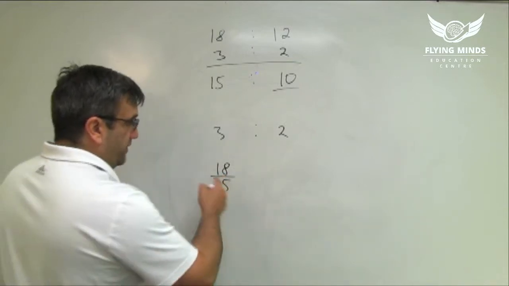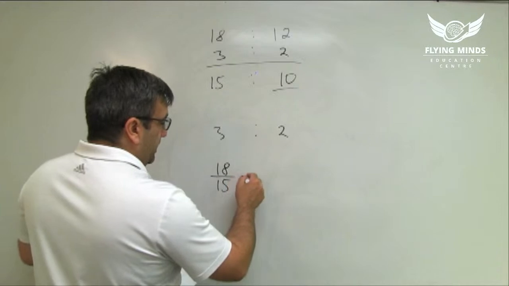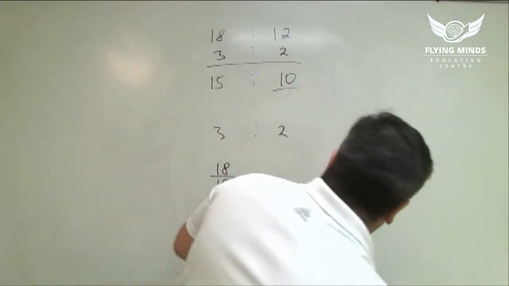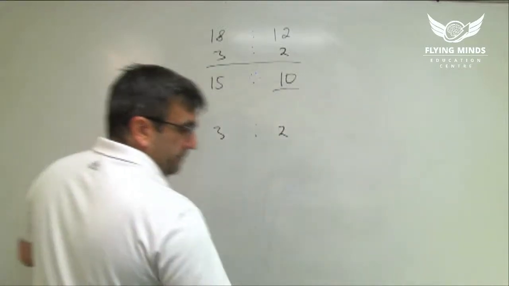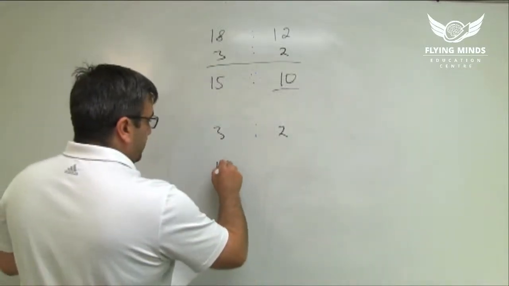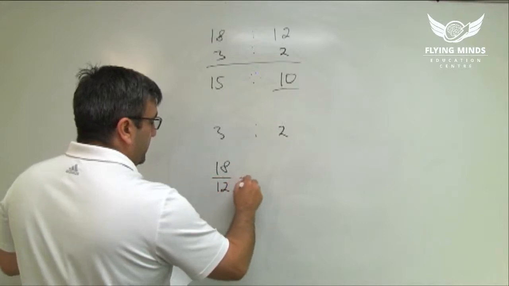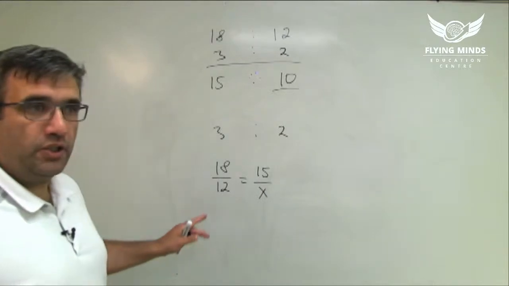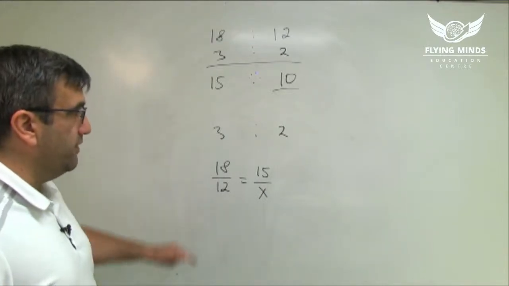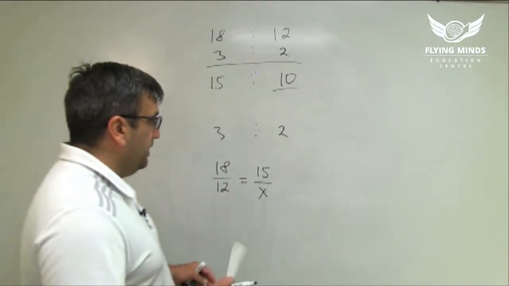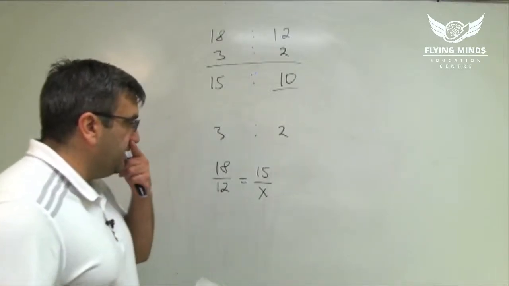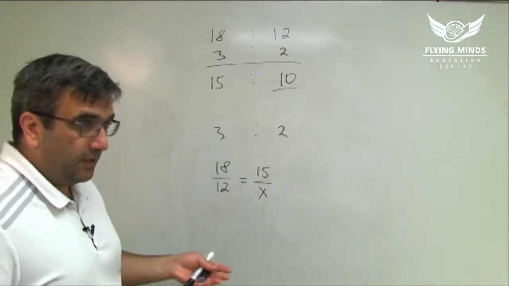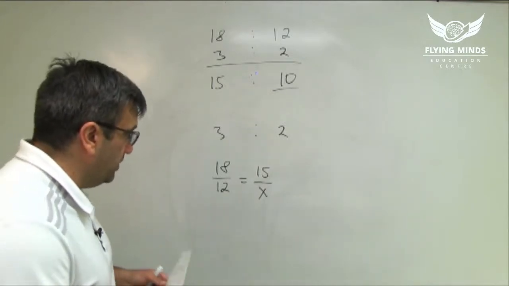18 related to 15, number of boys, is the same as 18 to 12 is the same as 15 to x. I know not in all schools you guys cover proportions, because some students that attend our classes know proportions, grade 9 students, and some don't.